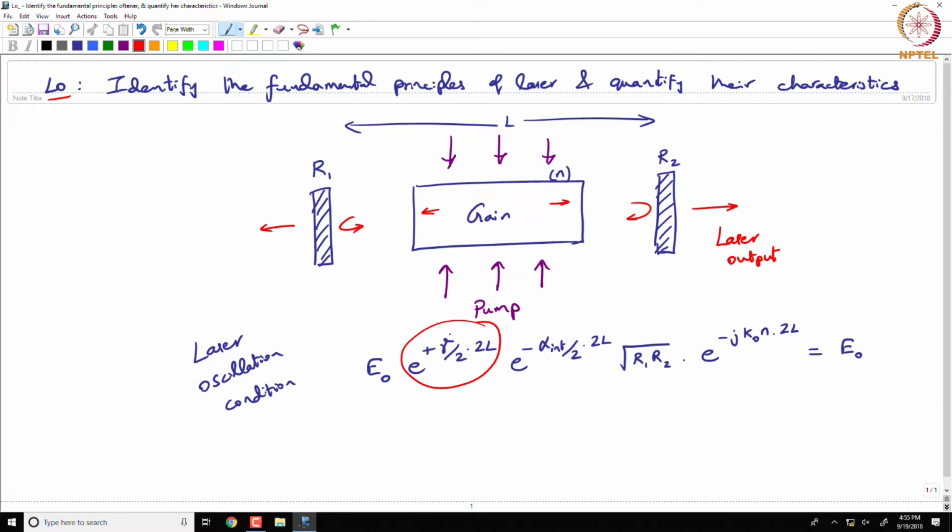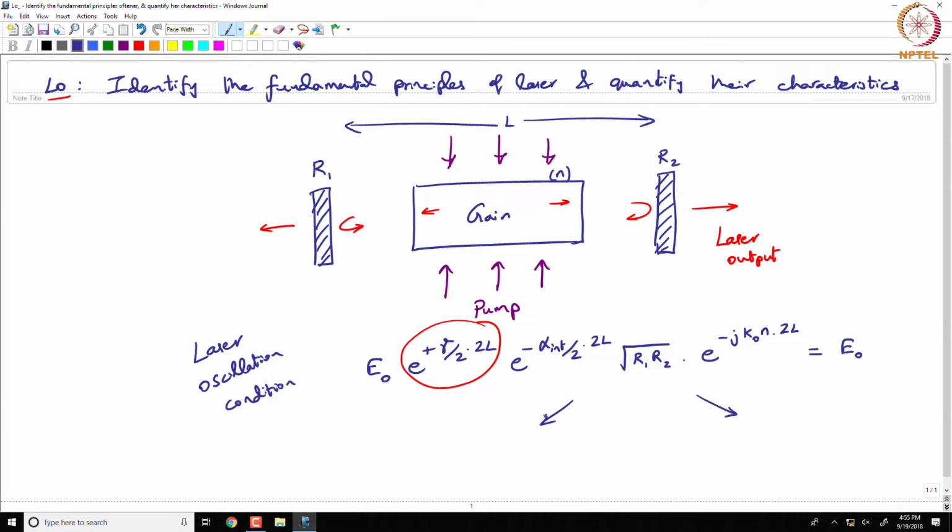After amplification, the fields are certainly increasing, right, it is a higher value, but it still has to overcome the losses within the cavity, right. So, we are basically saying this is the minimum condition to achieve laser oscillation, right. So, this actually gives rise to two conditions.